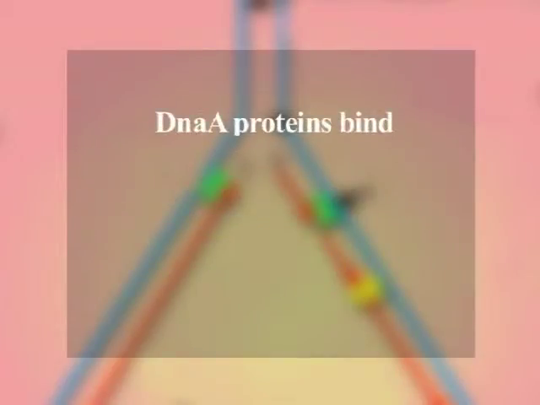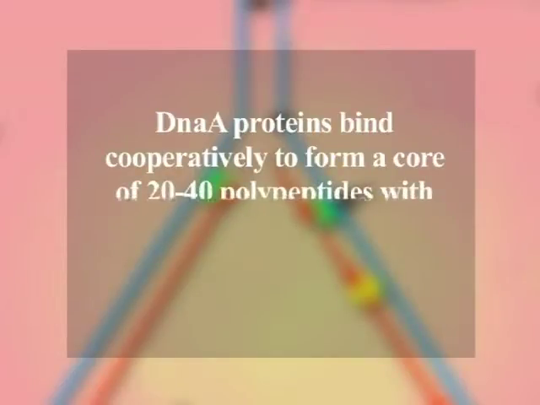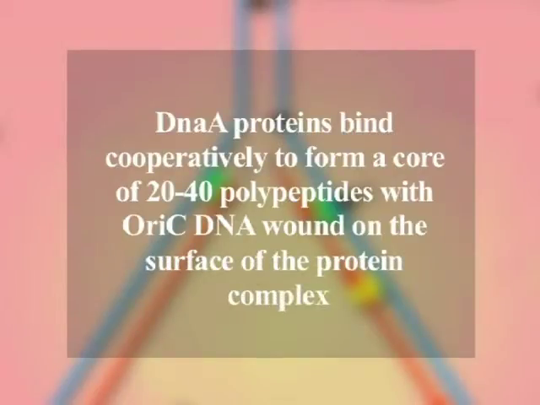DnaA proteins bind cooperatively to form a core of 20 to 40 polypeptides with oriC DNA wound on the surface of the protein complex. Strand separation begins within the 3 tandem 13 base pair repeats in oriC and spreads until the replication bubble is created.